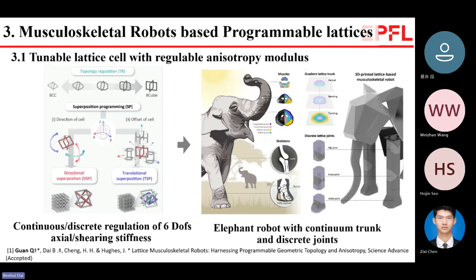And this capability enables us to program its material modulus in 6 dimensions and enables us to engineer different organisms, not only soft muscular organs, but also bionic robotic legs with integrated rigid joints.